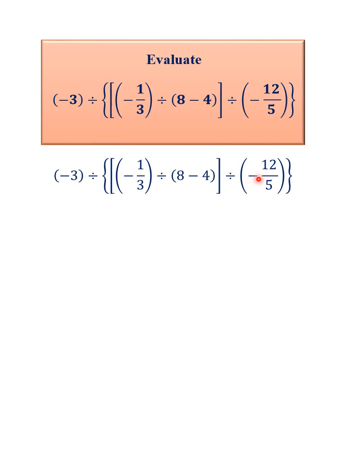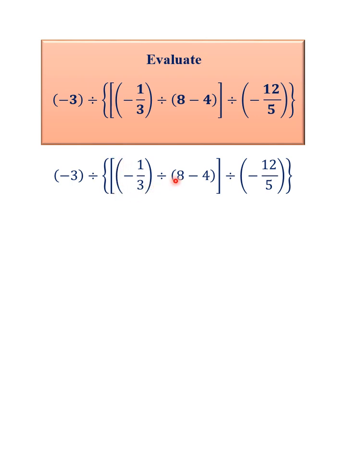We have a simple bracket here having -12 all over 5. Nothing to express inside this bracket. So within this big curly bracket, our focus will be inside this square bracket.